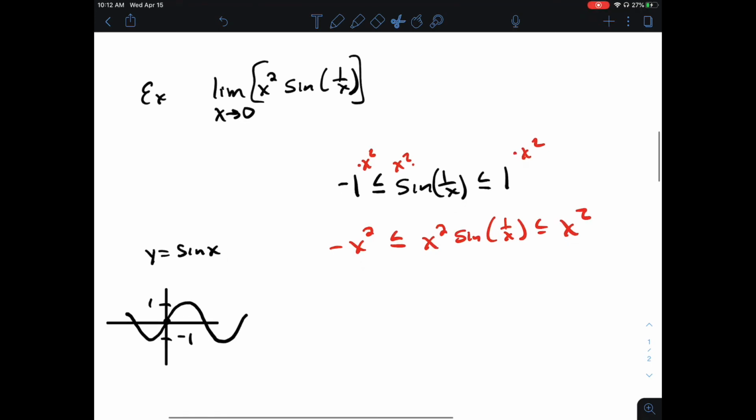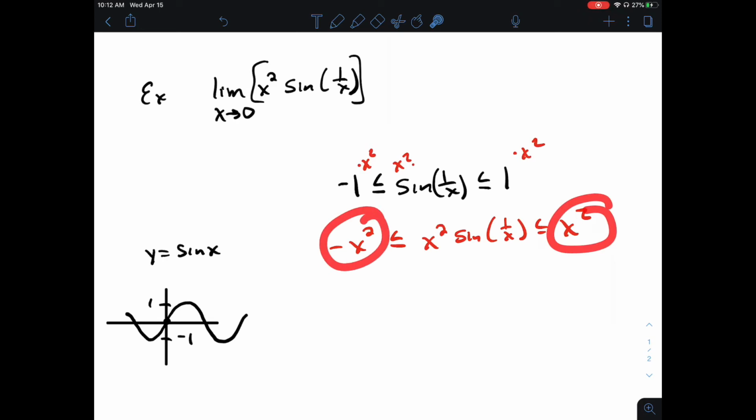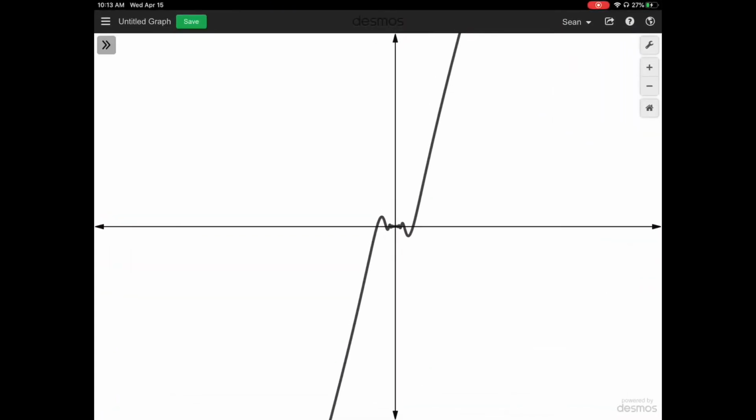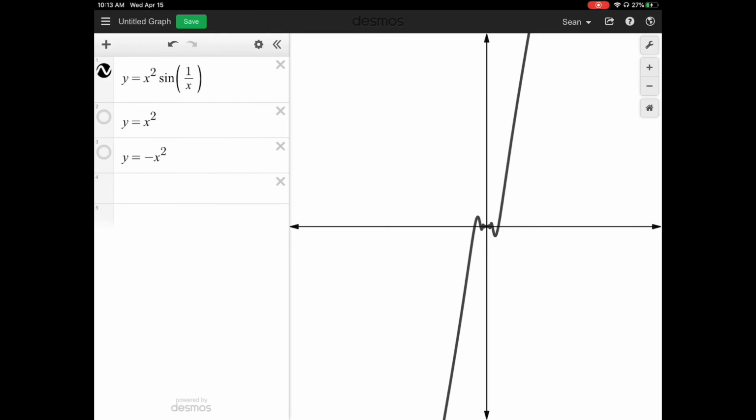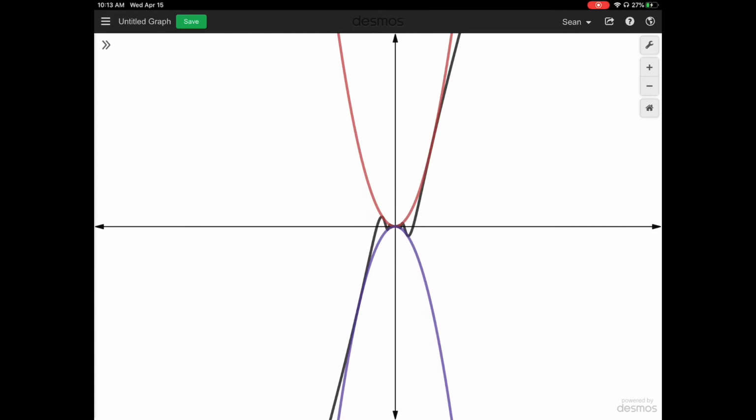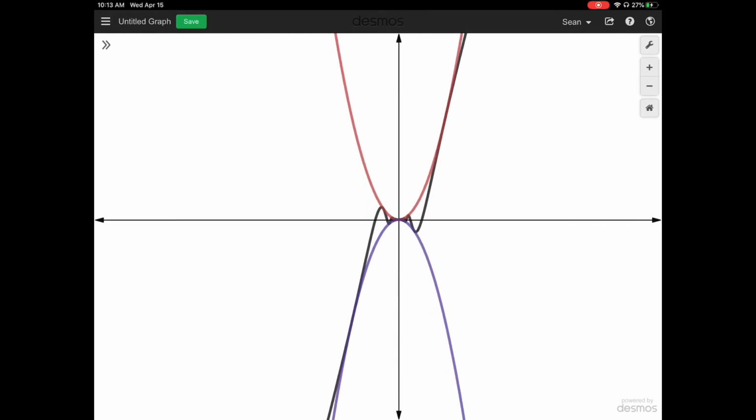Now we are cooking. And let me show you what this looks like. If we were to graph this function and this function and this function, are these in fact the two police officers escorting this drunk into a cell? I'm going to turn on the x squared and the -x squared. And if you look at this, I'm going to get closer.